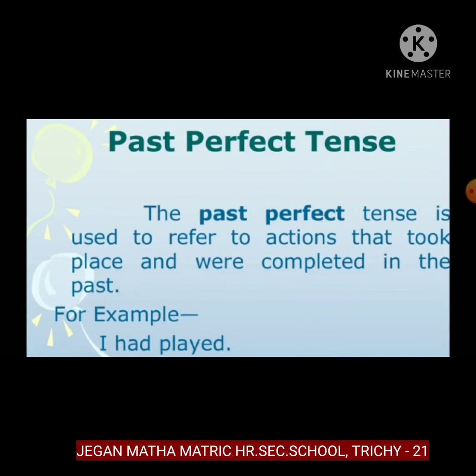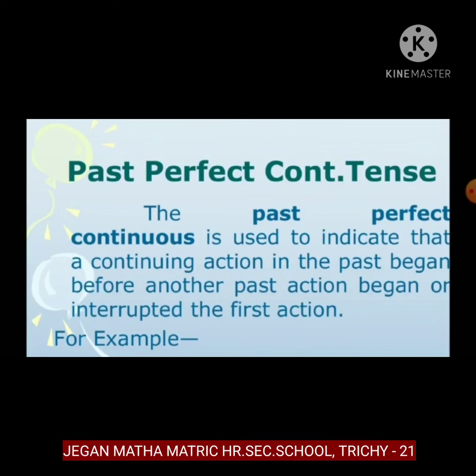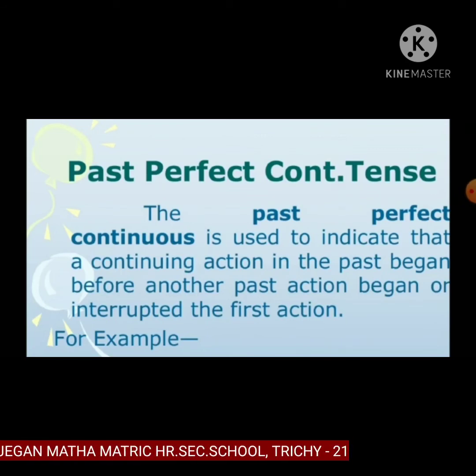Past perfect. Past perfect continuous is used to indicate that a continuing action in the past began before another past action began and interrupted the first action. Past perfect continuous: I had been listening to the class. I had been playing. So that is had plus been, verb plus ing.